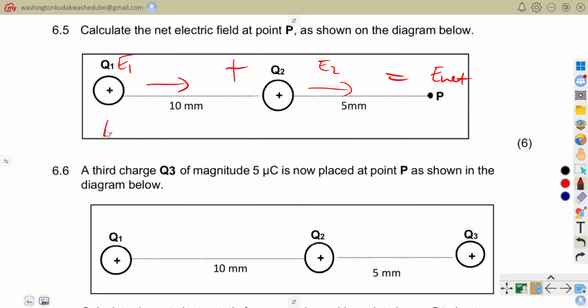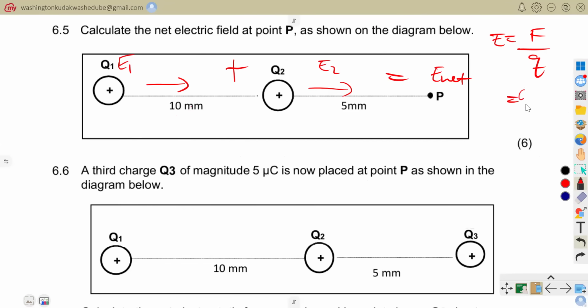Now, what would be my E1? That would be F over Q, where I would say K Q1 Q all over what? Over Q. Or else I would have said Q1 there so that I can cancel out this. Now, let me do it neatly so that you would see how we get to electric field is given by force per unit charge. So that unit charge is the charge at this point.